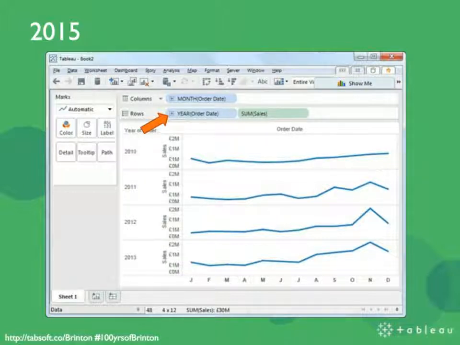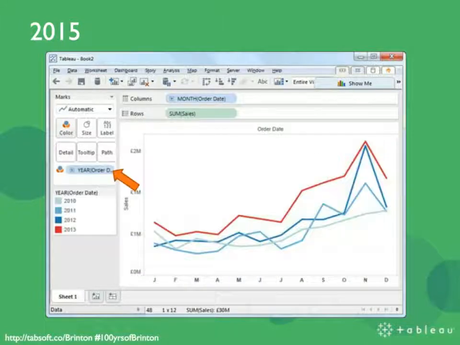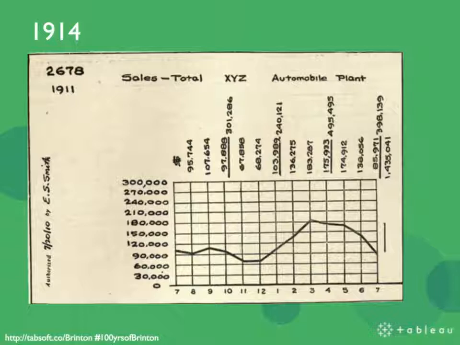And you can change these charts literally just by dragging and dropping dimensions and measures around. You're interacting with the data and you're seeing changes as quick as you can think of questions to ask and as quick as you can move your mouse. It's an absolute revelation, and now we have this ability to change charts instantly. It seems, well, that's amazing, and what a great innovation. Thank God we're there in 2015.